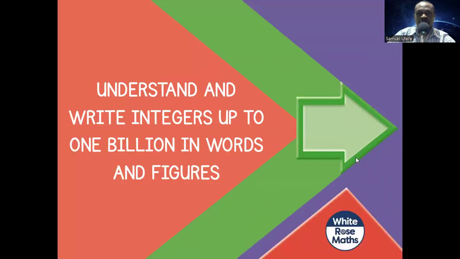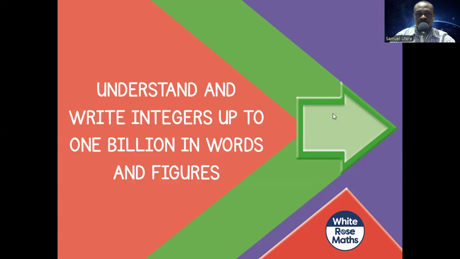So, in your previous lesson, you learned how to recognize the place value of any number in an integer up to 1 billion. In this lesson, you're going to learn to understand and write integers up to 1 billion in words and figures.